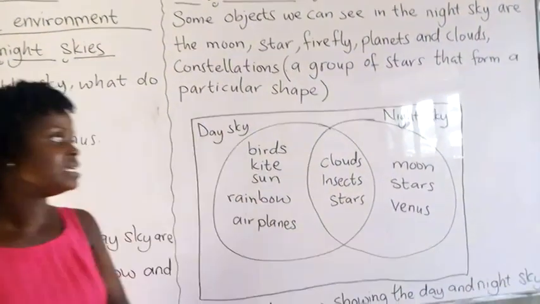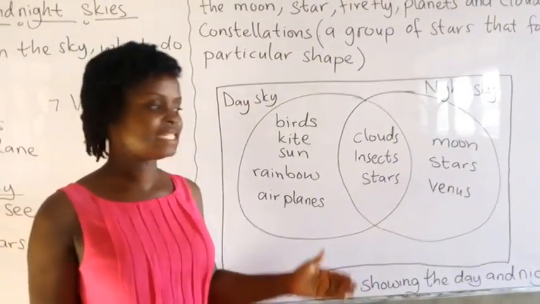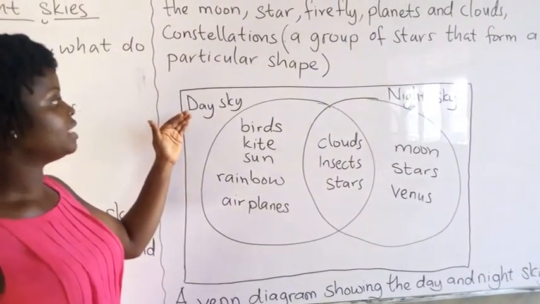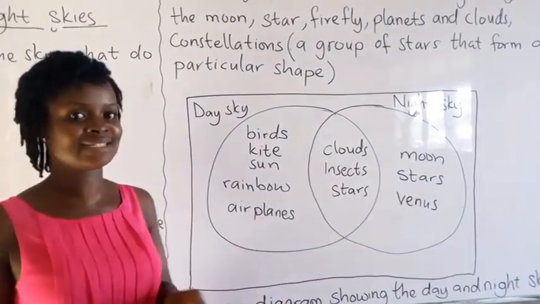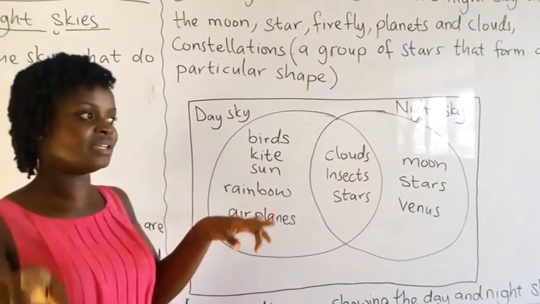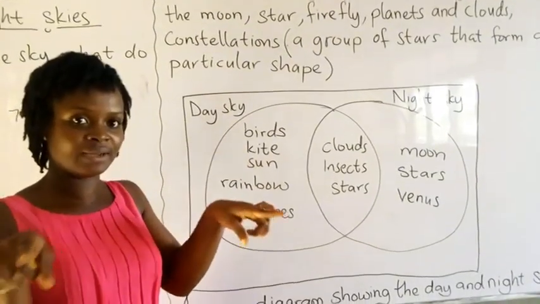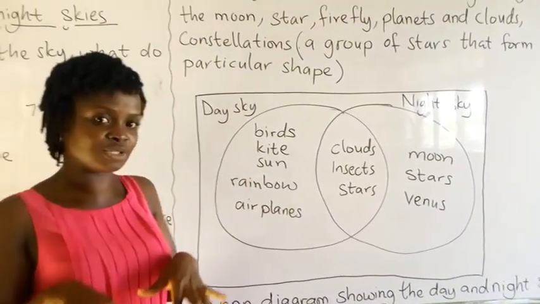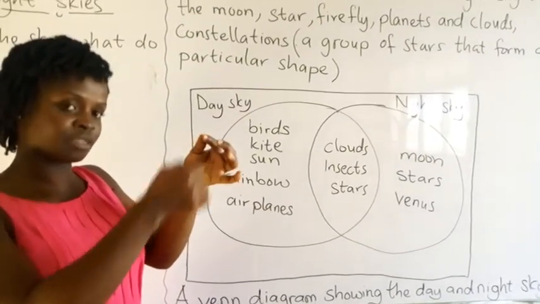Now let's look at this Venn diagram, which is showing the day and night sky, the things we see now. With the day sky, we have birds, and we have kites. A kite is a special thing that is made for children. Sometimes they use paper or cloth to create a shape, such as a diamond, and then they use a stick with a thread.